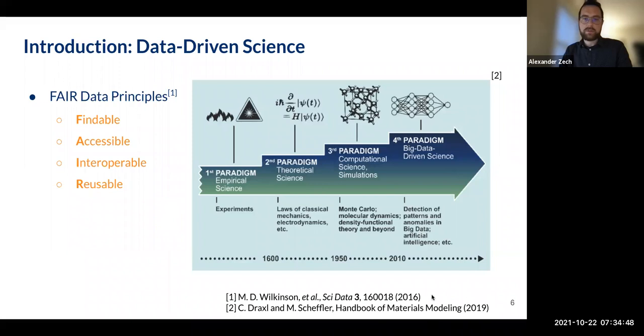Recently, people have come together to develop a data guideline, which is known as the FAIR data guiding principles. And FAIR here stands for findable, accessible, interoperable, and reusable. So these are the requirements that we would like to put upon the data and also data structures that we use in data-driven science.